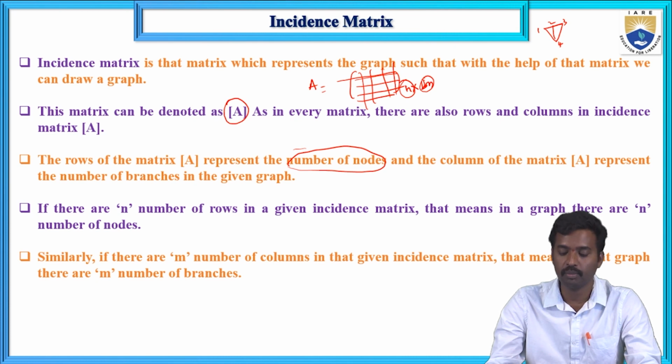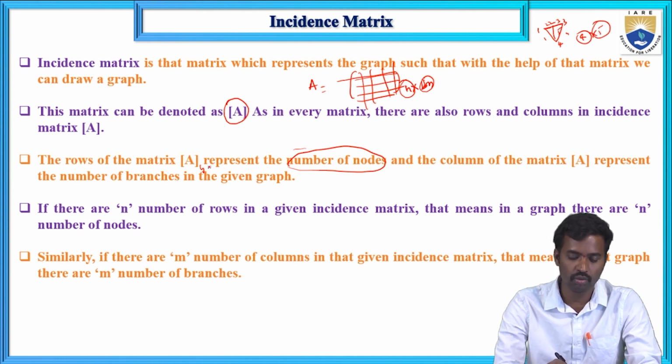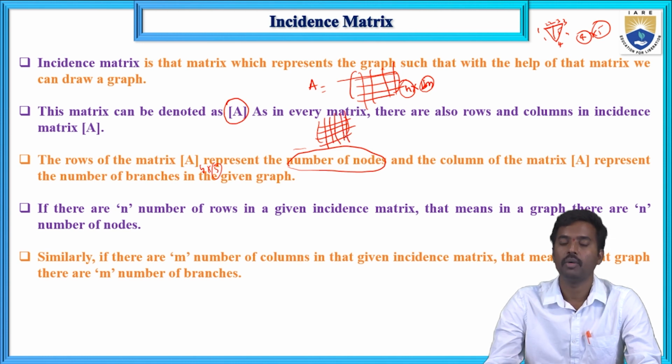A branch means an element which is having two terminals. So here the number of nodes is 4 and the branches are 1, 2, 3, 4 and 5. So the incidence matrix has 4 rows and 5 columns.